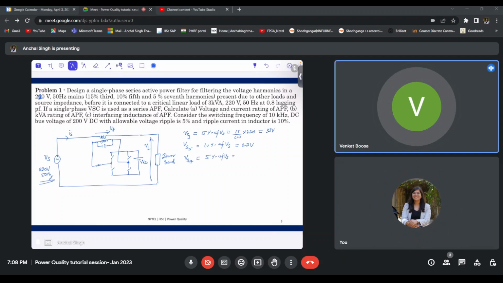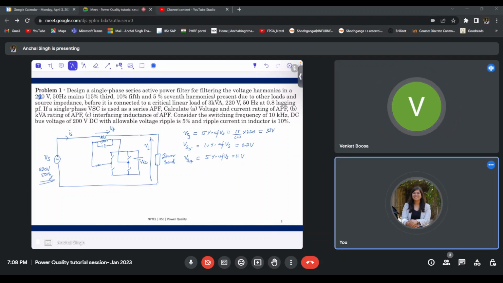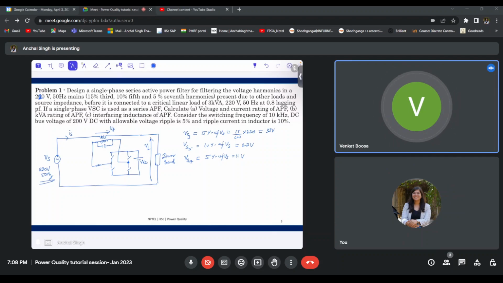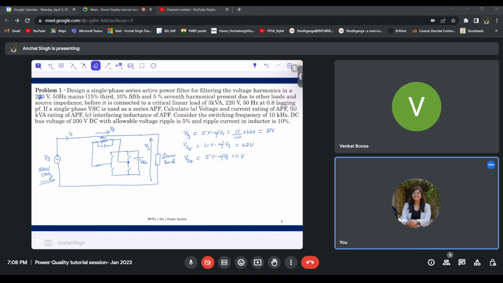Madam, you can't write this as 200 volts, madam. If you are writing 220 volts here, and 200 volts in the question, is there any problem, madam? Here, single phase series active filtering the voltage harmonics, here 220, here 200 volts, 50 hertz. Can you please repeat your question?